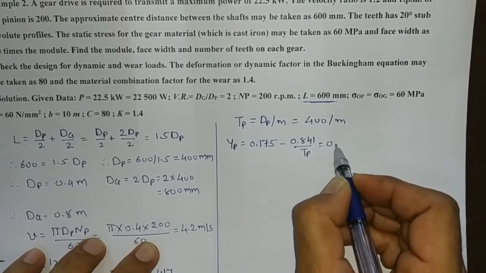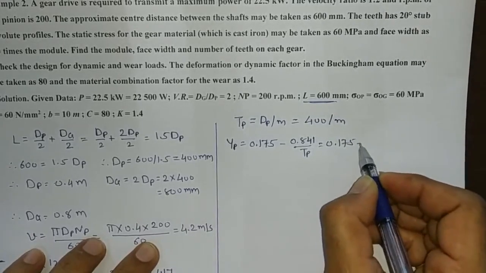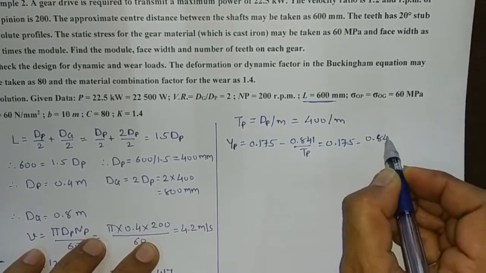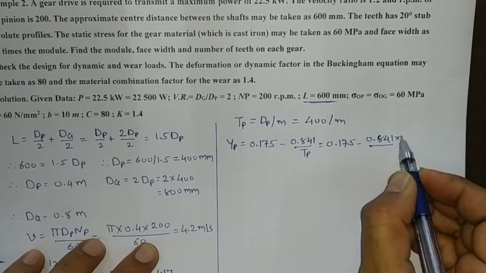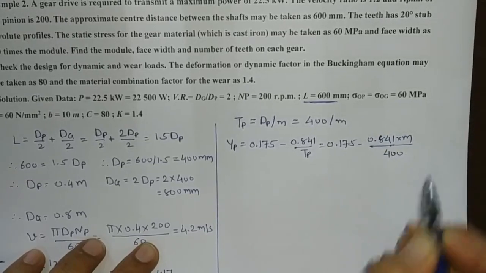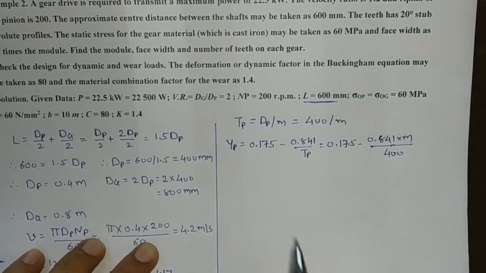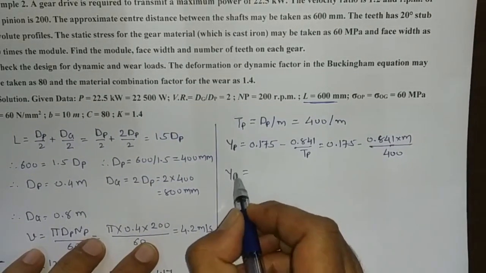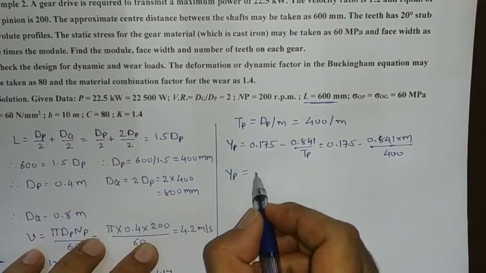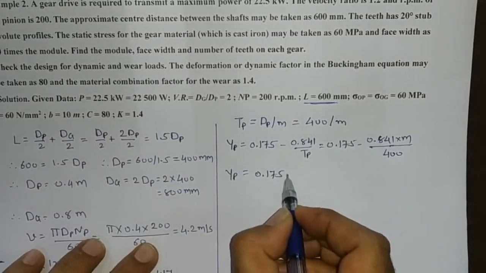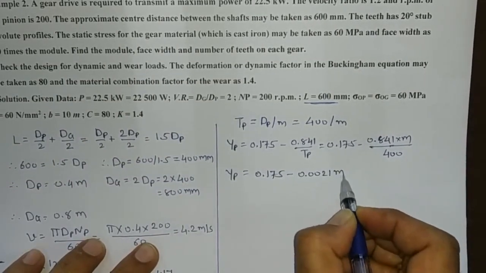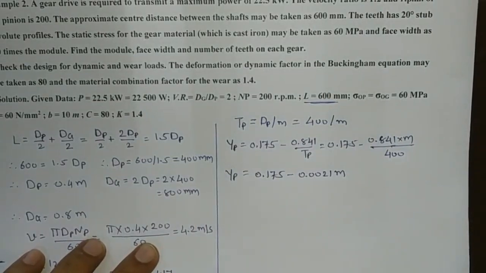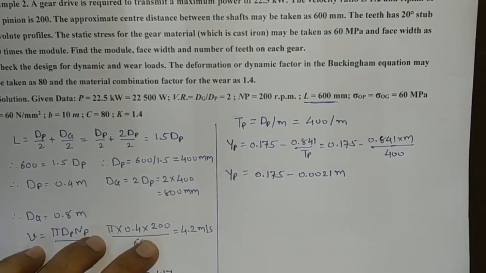Now put the value of TP in this equation: 0.175 minus 0.841 by 400 by M. So therefore you will find the equation YP is equal to 0.175 minus 0.0021 M.